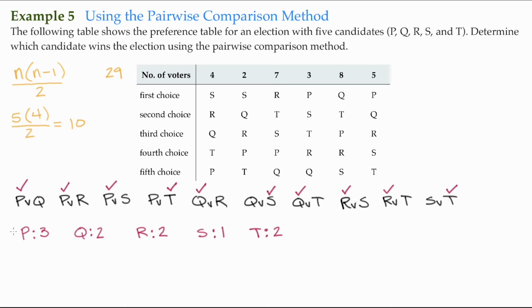So because candidate P has the most number of points, P is declared the winner. Now, if you recall from the previous example using the plurality with elimination method, using that method, Q was declared the winner. But using this method, P is now declared the winner. And there we go.